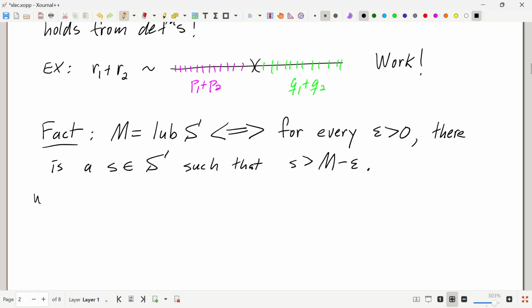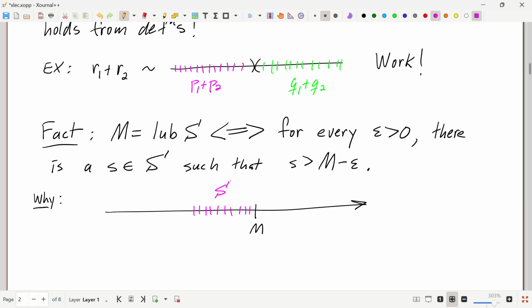So here's why. Here's the real numbers. Here's my M. And my set is over here. And I'm thinking of M as a least upper bound. M is an upper bound.